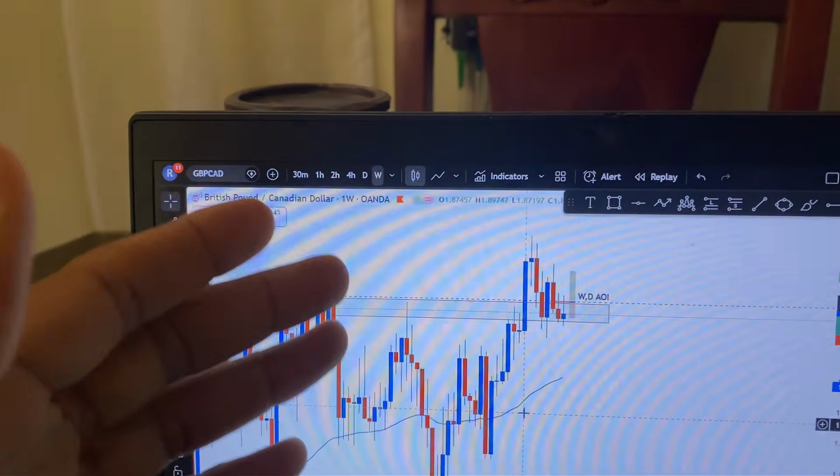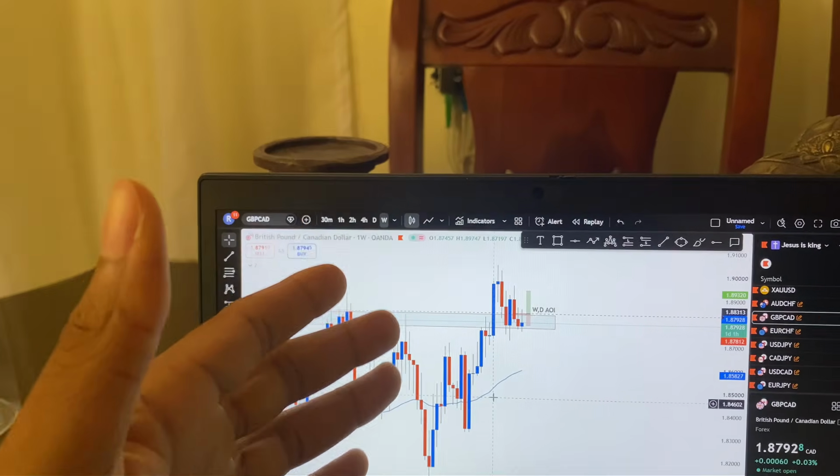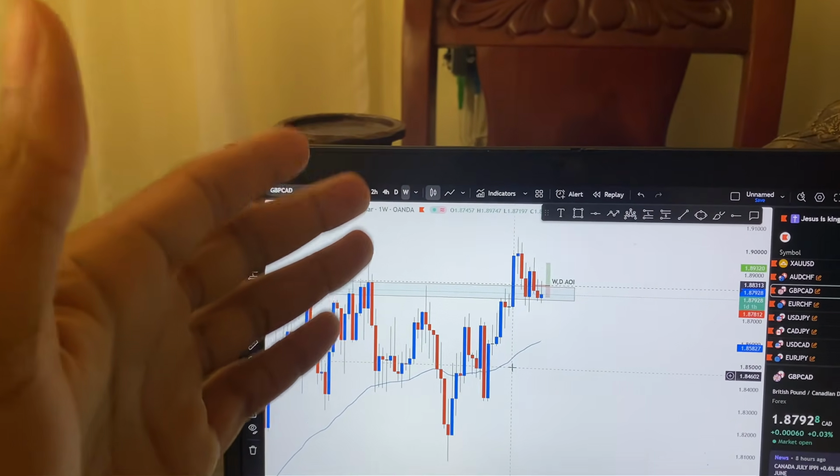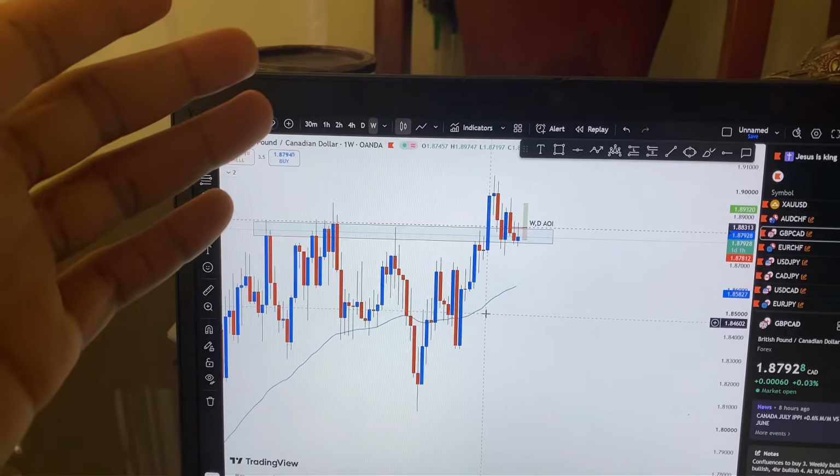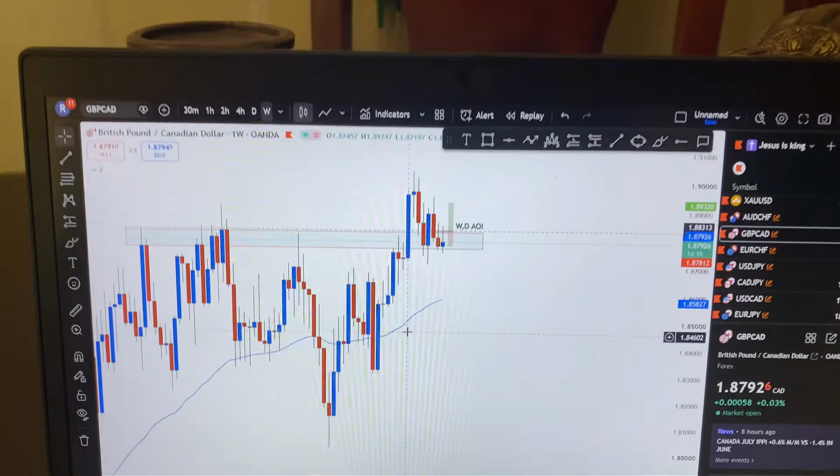That's something I've learned the hard way, but I hope it's useful for you guys, because sometimes we think the market has to do whatever we want and not what it is supposed to do. So it doesn't matter if it takes 3 months for this trade to play out. The market is going to move however it wants to move.